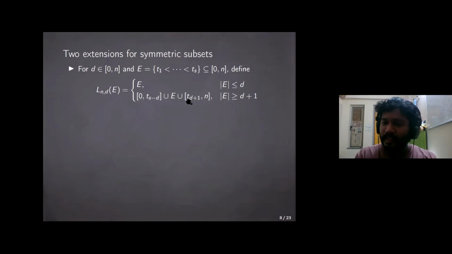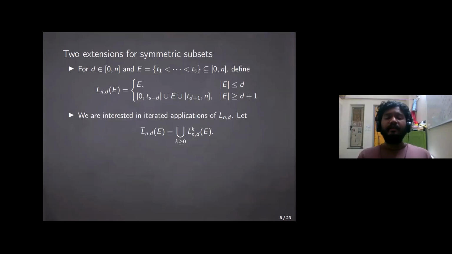To not keep you in complete suspense until we reach the main point, let me say all of this essentially builds upon the Alon-Füredi bound. We are just using some additional machinery, but at the heart of it is one crucial lemma which uses the Alon-Füredi bound. So what's our answer? We are interested not in one application of this operator, but several applications.